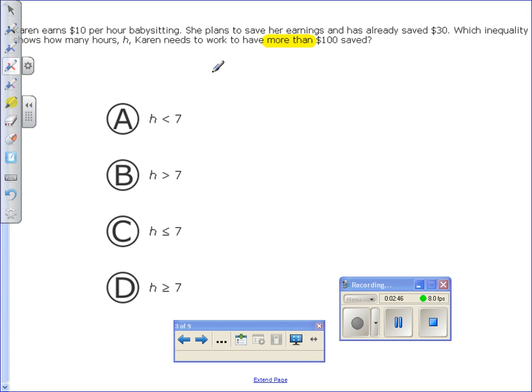Yes, it is B. More than 7 hours, because 7 hours times 10 is 70, plus the $30 she already has. That would be 100, but she wants to earn more than 100. So more than, that's the symbol for more than right there on B that I'm trying to circle. More than, B.